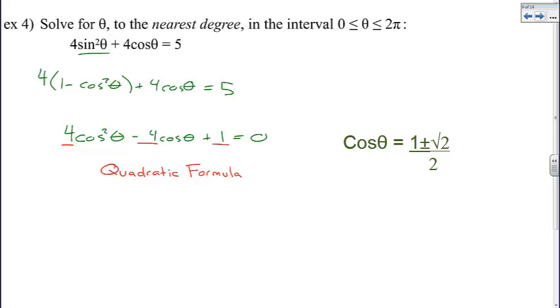If I plug this statement into a calculator, 1 plus radical 2 over 2, I get a value of cosine of theta equal to 1.2071. But remember, this is outside of the range of cosine of theta, so I'm going to reject it.